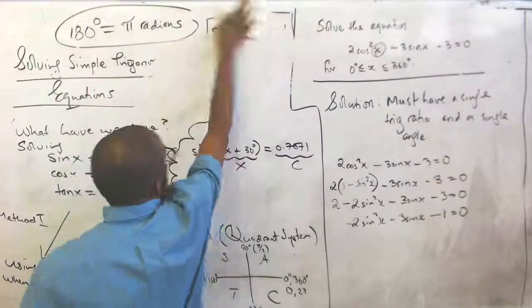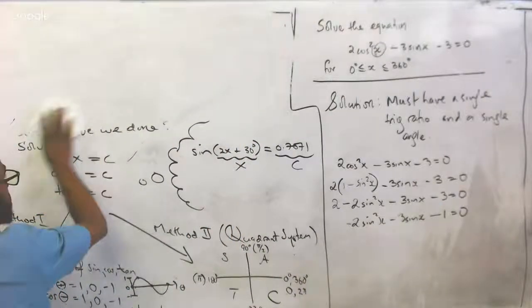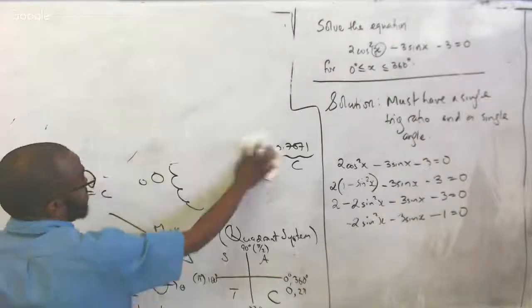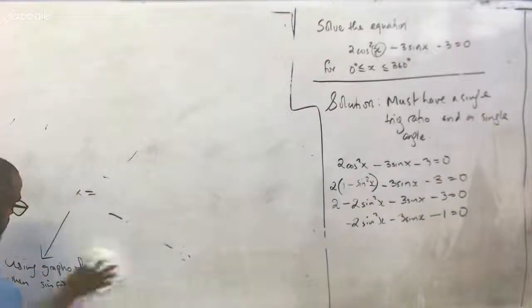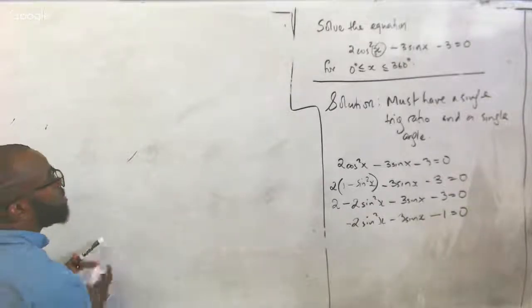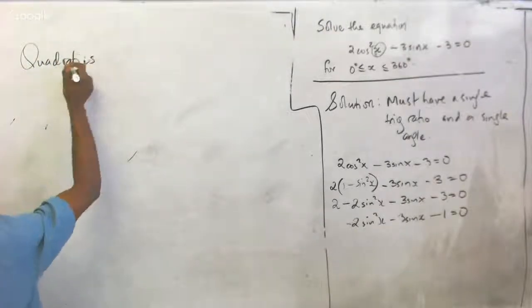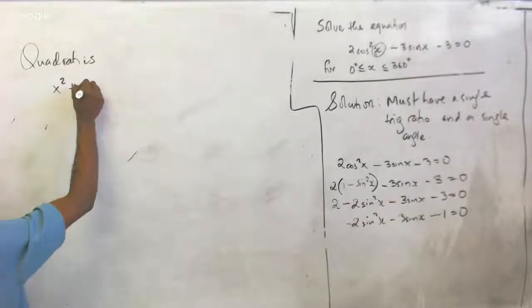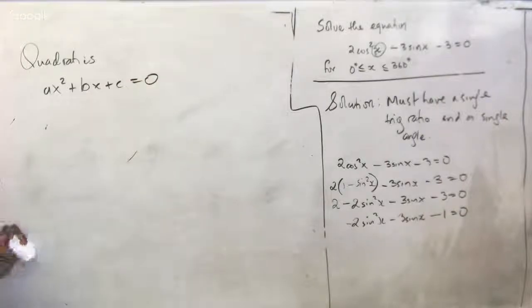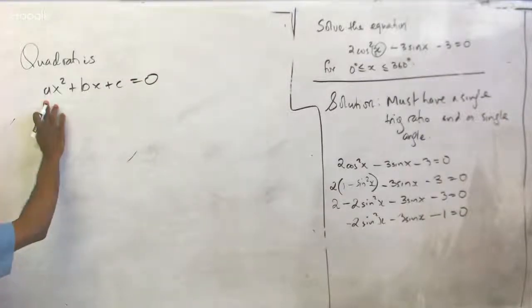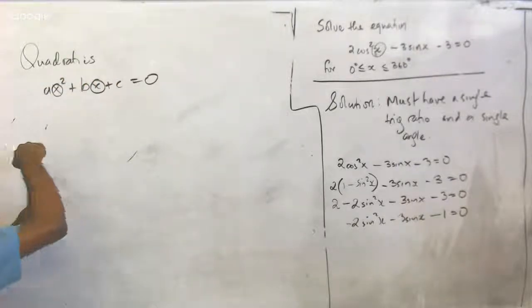A x squared plus bx plus c equals 0. So for quadratics, I usually have a times something squared plus b times that thing plus a constant.